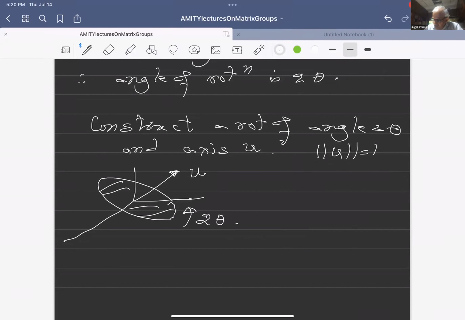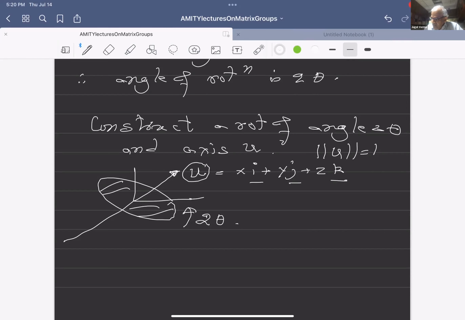So take your vector u in 3-dimensional space, some xi plus yj plus zk, where ijk are the standard basis vectors along the x-axis, y-axis, z-axis, being interpreted as quaternions also.